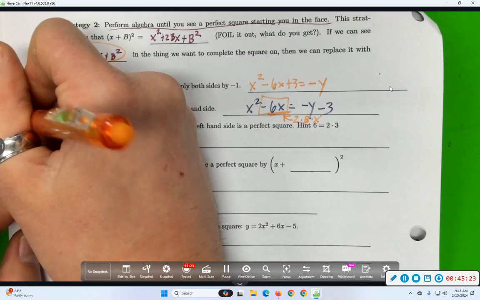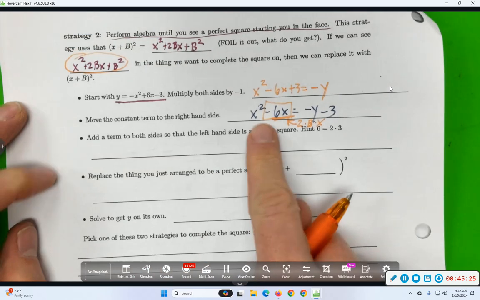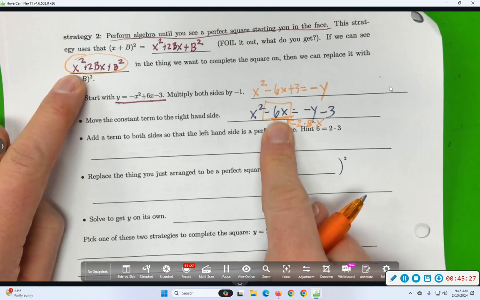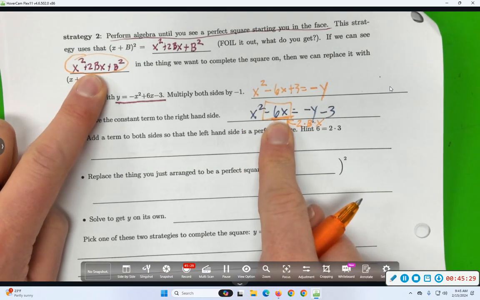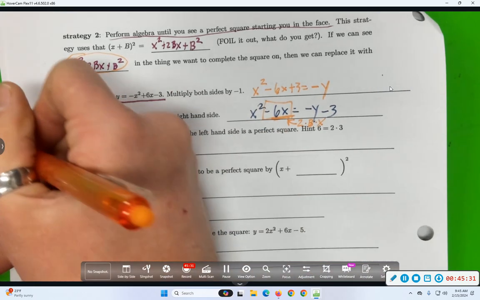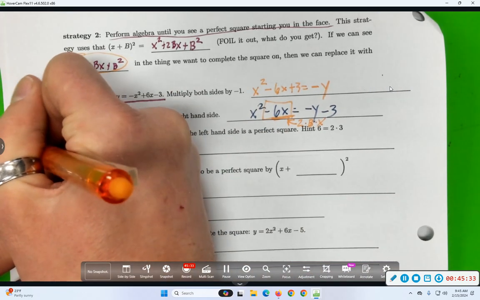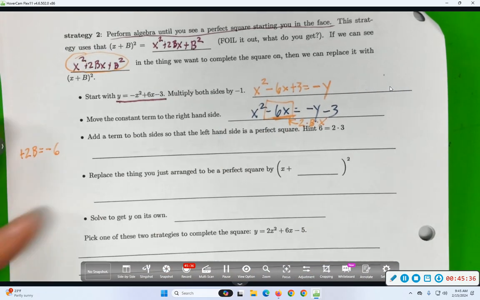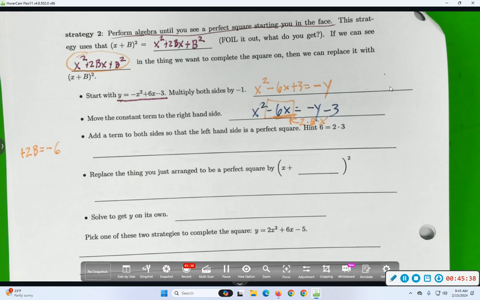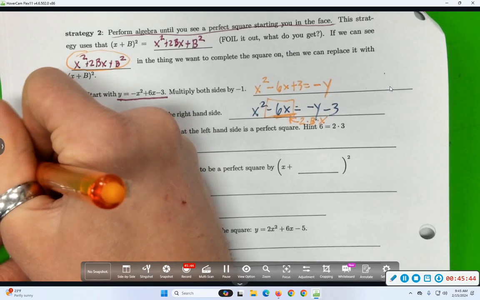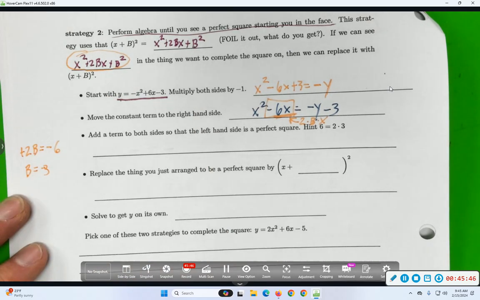So I see an x squared, which I like. I see minus 6x, I would like to see plus 2bx. So I need to have 2b equals negative 6. So it seems like a good choice for b. Negative 3 seems like it'd do. So let's try b equals negative 3.